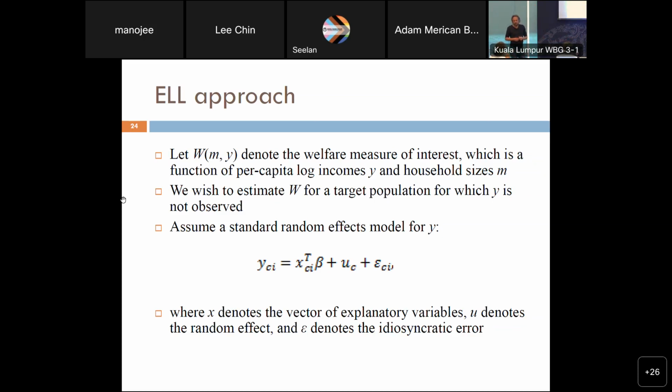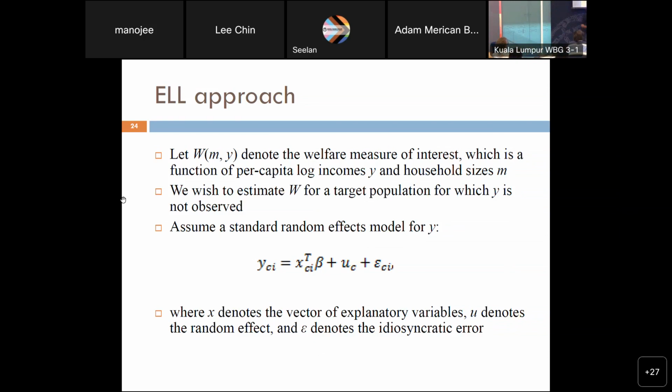Okay, this c here is county, location. And we assume that this is the location for which the survey that has more information is representative. So there's some flexibility here. I just wrote a simple nested structure. Typically this will be the level at which you want to produce your estimates of poverty.